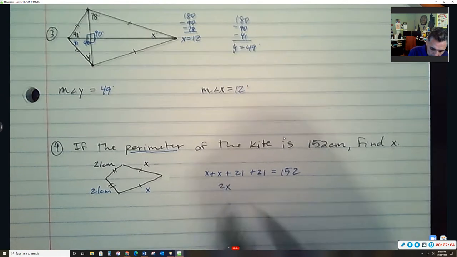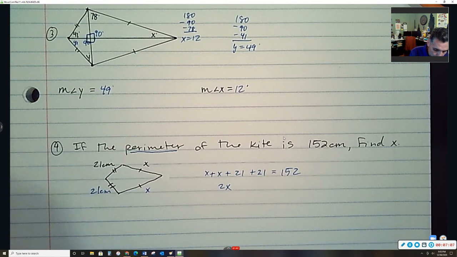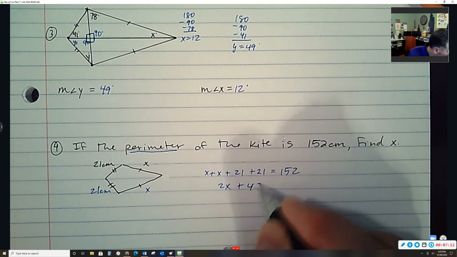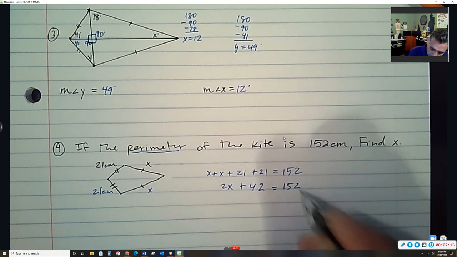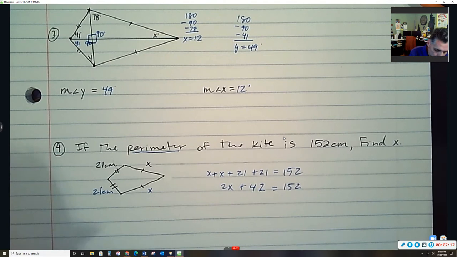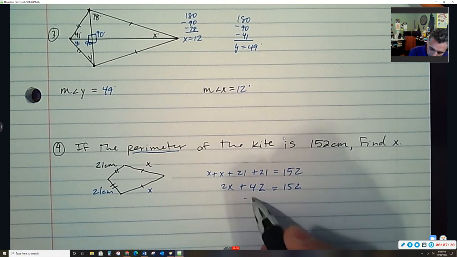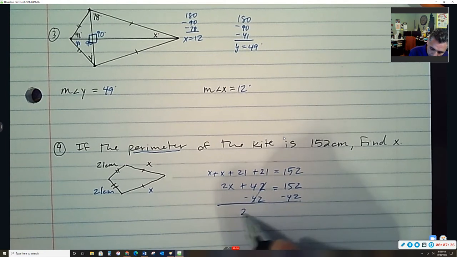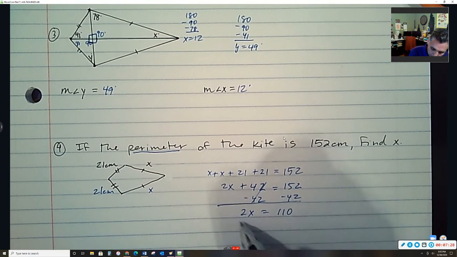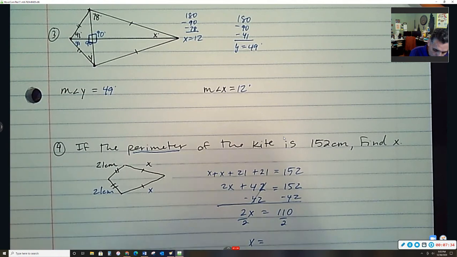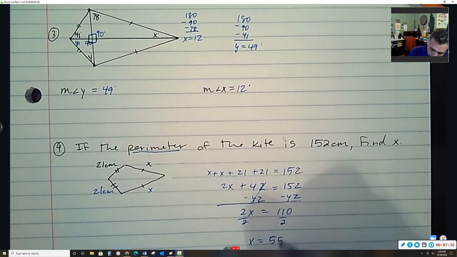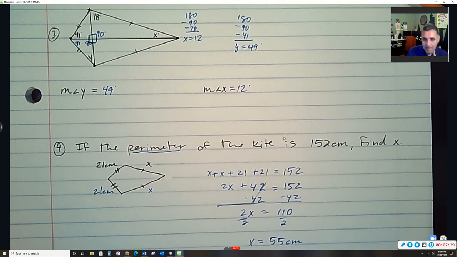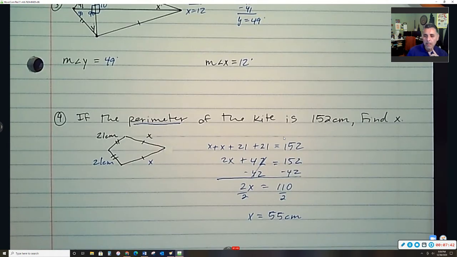So that's 2x, 21 and 21, it's 42, equals 152. Then you want to subtract 42 from both sides. 2x equals 110. Divide by 2, divide by 2. x equals 55 centimeters. Okay. And that's it.